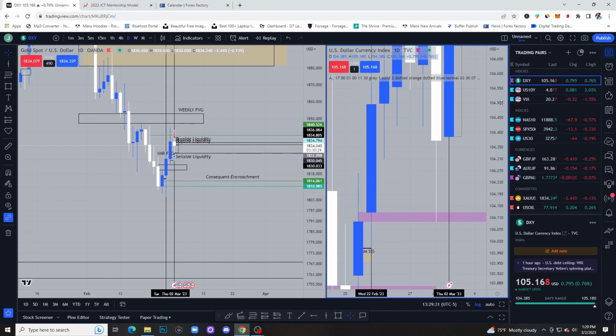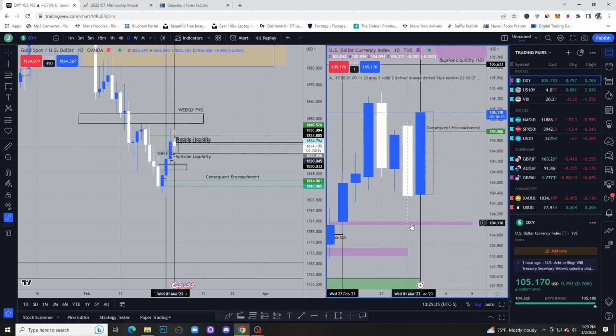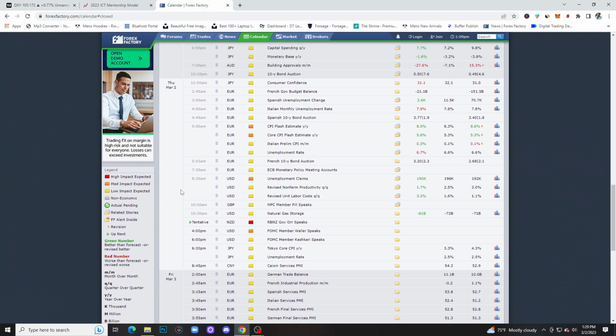As you can see, ever since tapping into this area yesterday, we've been completely bullish. Also, we had a news catalyst come out today, Thursday, at around 8:30, which was the U.S. unemployment claims, and this report actually came back pretty positive. As you should know at this point in time, the Fed is fighting against inflation.